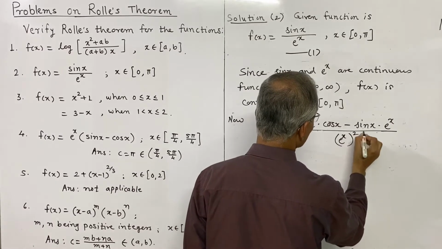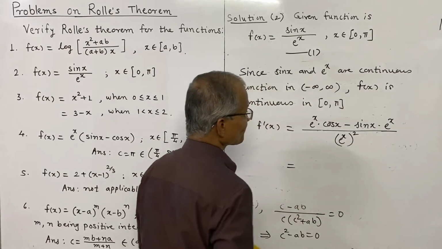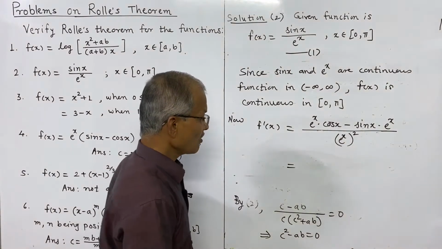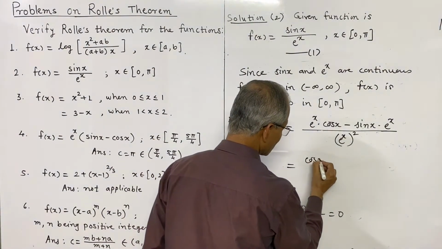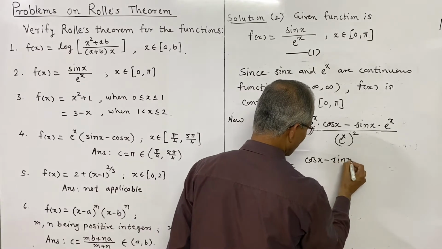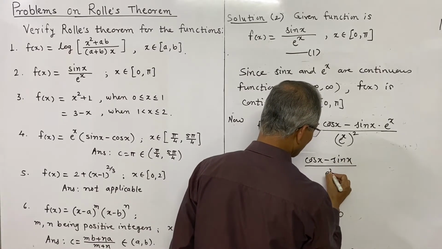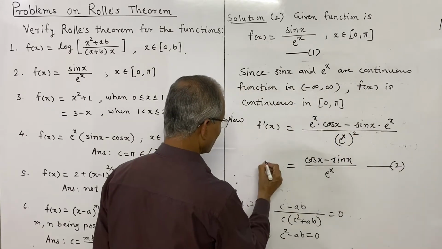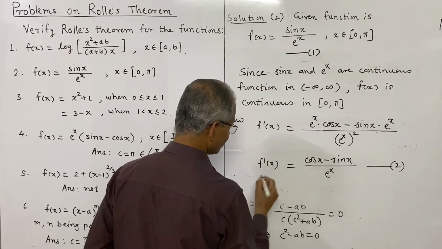Again see, e power x is common and one term from the denominator cancels. What remains is cos x minus sin x divided by e to the power x, and this we shall suppose as equation 2, that is the derivative f dash x.